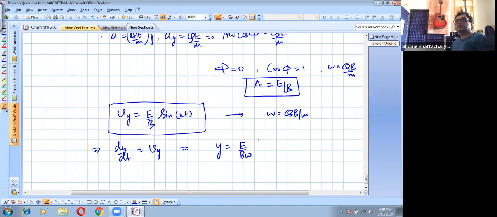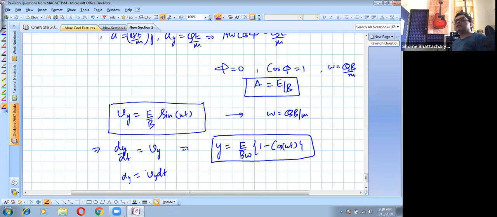So we will get 1 minus cos omega t. So I'm not doing the integration over here because I know you can do it. So just cross multiply and integrate. So dy will be Vy into dt. Integrate this from 0 to t, integrate this from 0 to y, and we'll get this, okay?